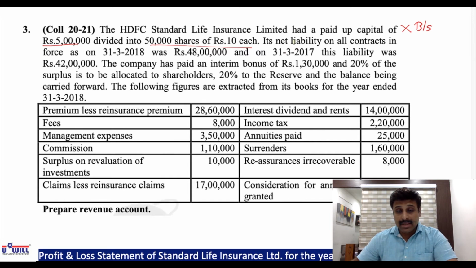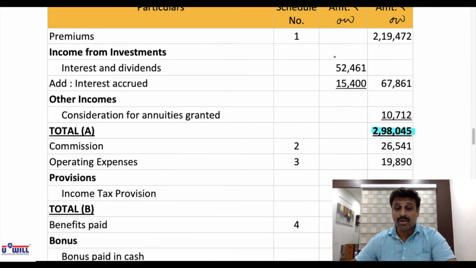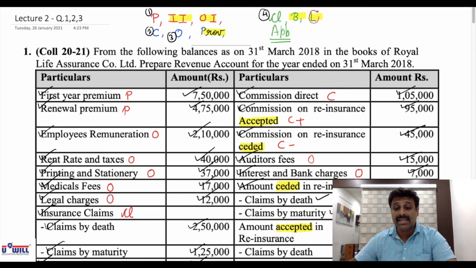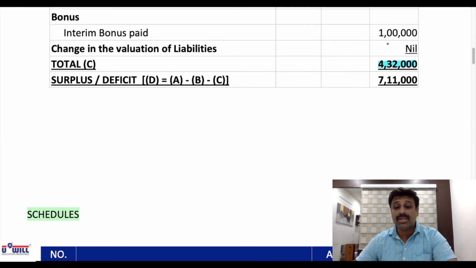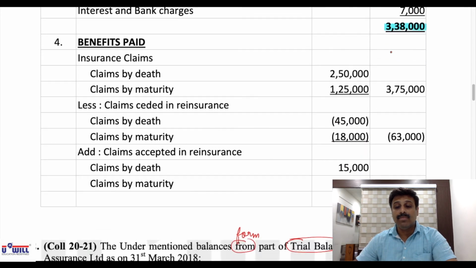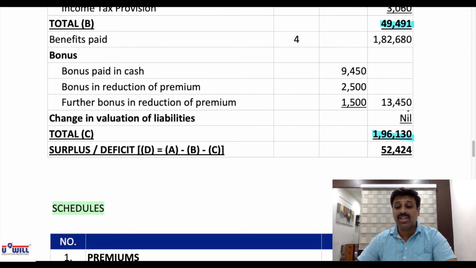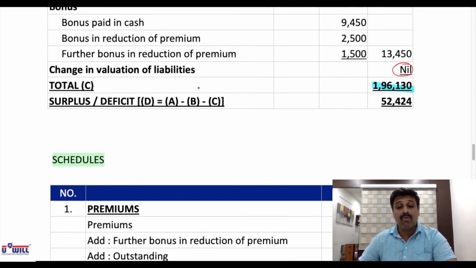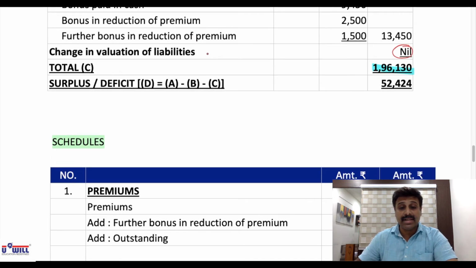Now, its net liability on all contracts in force on 31/3/18 was 48 lakhs. And on 31/3/17 this liability was 42 lakhs. So this will come in the third part, liabilities, mark it as L. Up till now in both the questions we have had it as nil. But what did I tell you in the formats we studied in lecture 1? We'll always find this liabilities as closing minus opening.